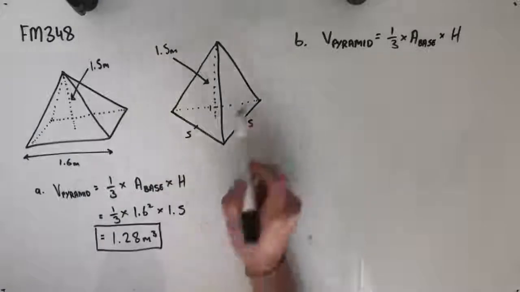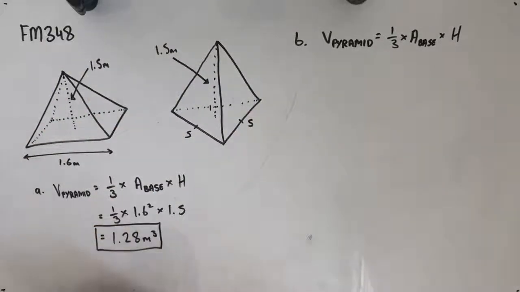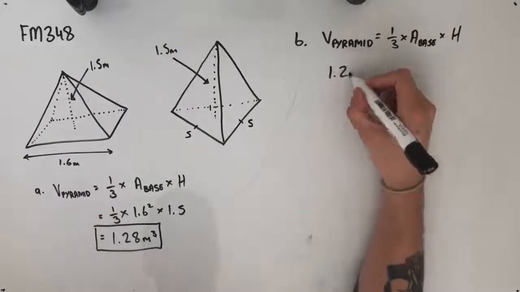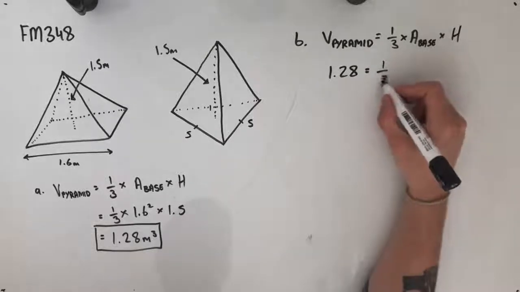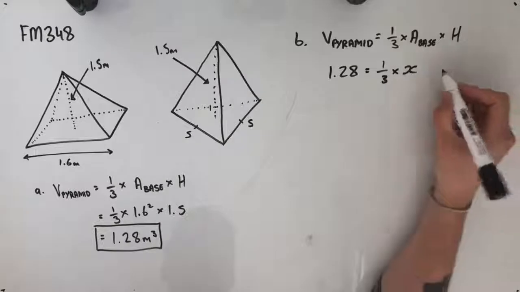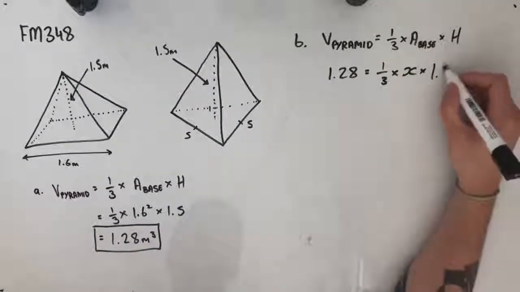Now we know that the volume of our tetrahedron tent is going to be the same as our volume for our square-based pyramid. So we're going to take the 1.28 that we found before, and make that equal to 1/3 times the area of the base, which is our unknown, maybe we call that x, times a height of 1.5 meters.